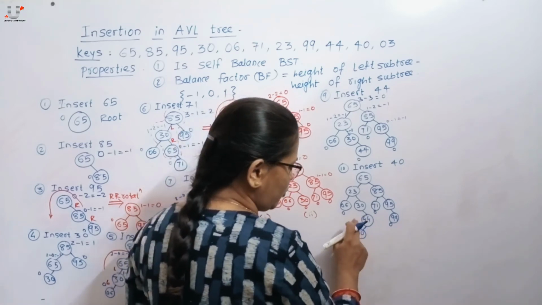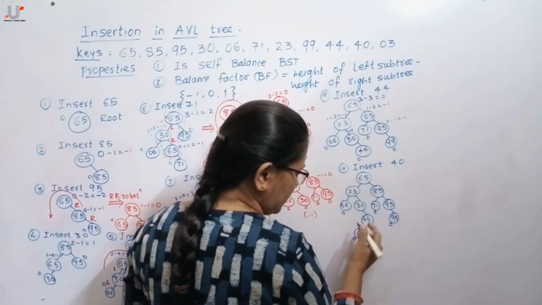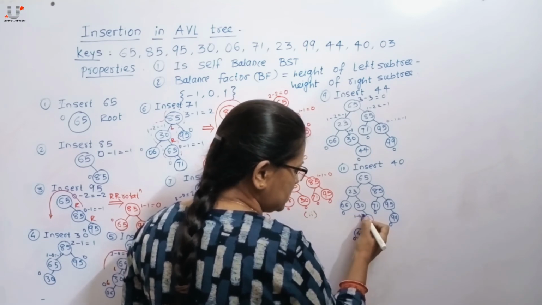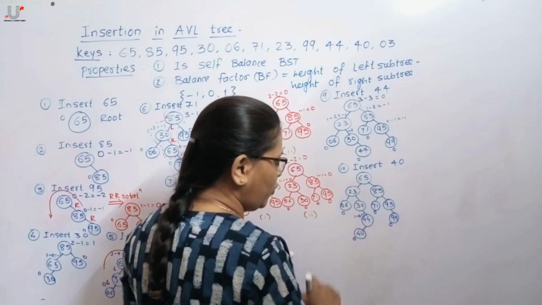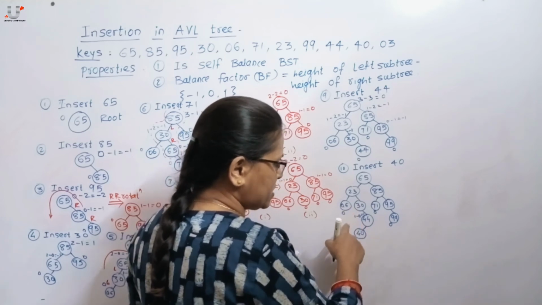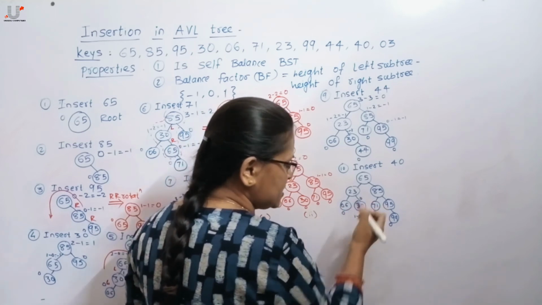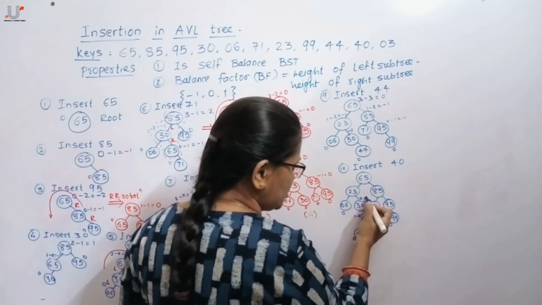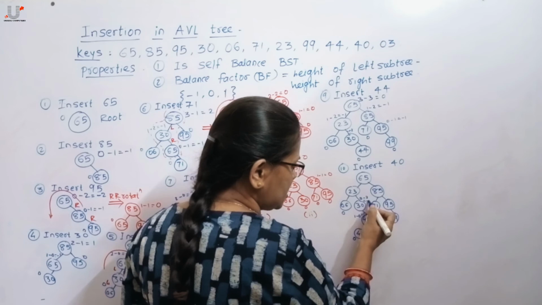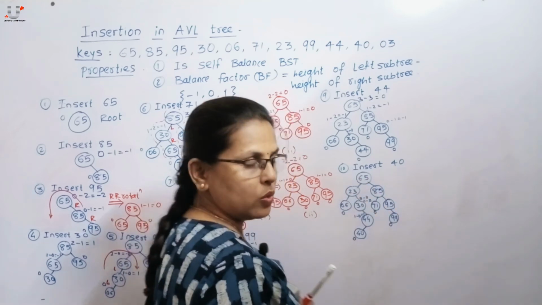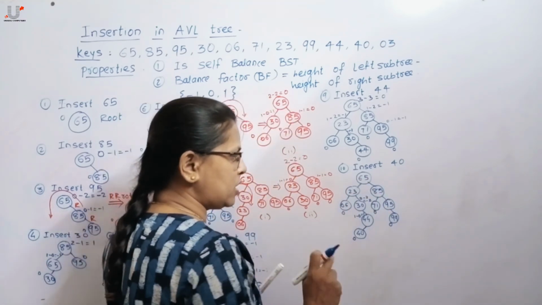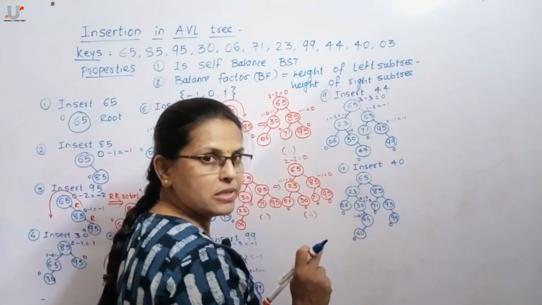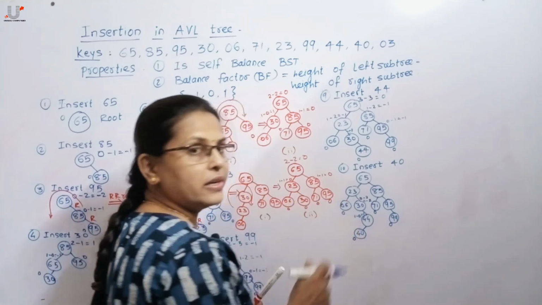Then the balance factor for 44: height of left subtree is 1, nothing is present on the right, so 1 minus 0, it's 1. For 30, no left subtree is present, so it's 0, minus height of right subtree, which is 2. So 0 minus 2, the balance factor becomes minus 2. As the balance factor for 30 becomes minus 2, this tree is imbalanced and 30 is a critical node.